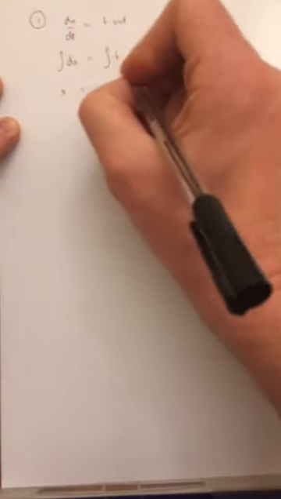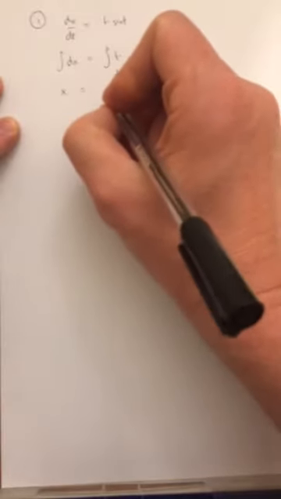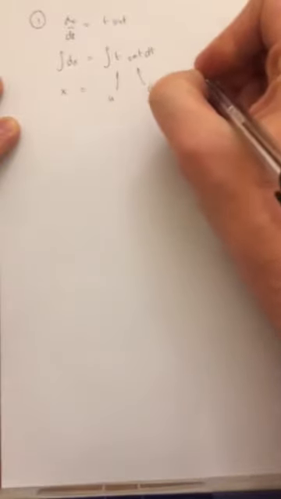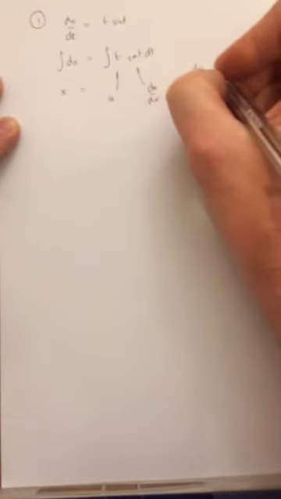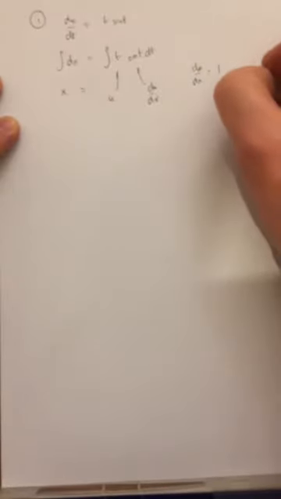This one here though, I'll integrate by parts. So x is equal to, and then this I'm going to integrate by parts. So that's me u, that's me dv by dx. So du by dx is 1, and v is the integral of sine, which is minus cos.